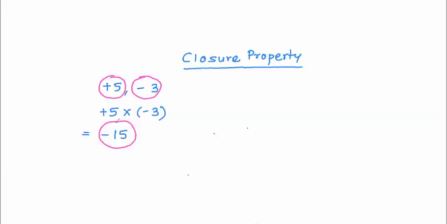Now let's take the third situation, that is, both the numbers are negative numbers. So let's take minus 5 and minus 3. Multiplying minus 5 by minus 3, we multiply the weights. So 5 into 3 is 15. And for the sign, we look at how many negative numbers are there in the multiplication. There are two negative numbers. 2 is even, and even results in a positive sign.